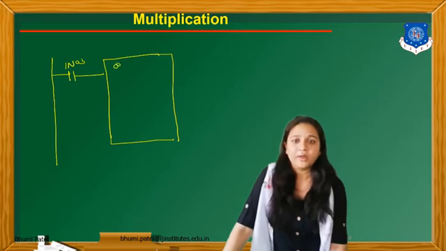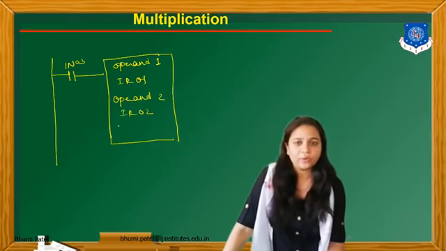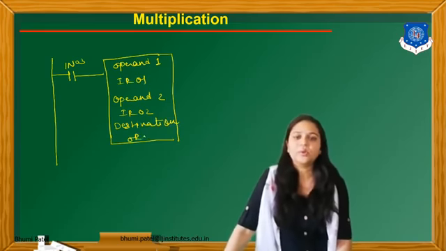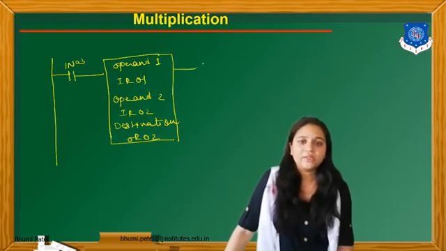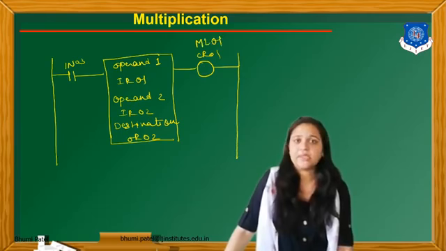Operand 1 we take in IR01, and the second operand, operand 2, has address IR02, and whatever the answer is, we have to save in some destination. The destination address is OR02. And what is the command for the multiplication? If we have to multiply the two numbers in this particular PLC program, we have to write ML01.